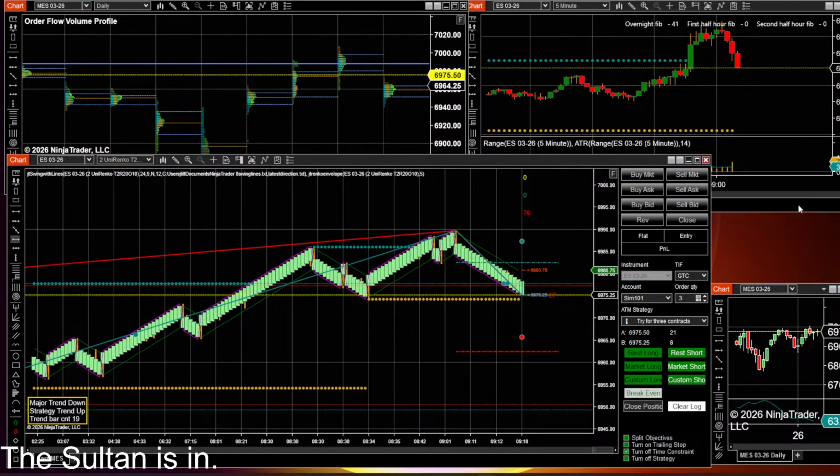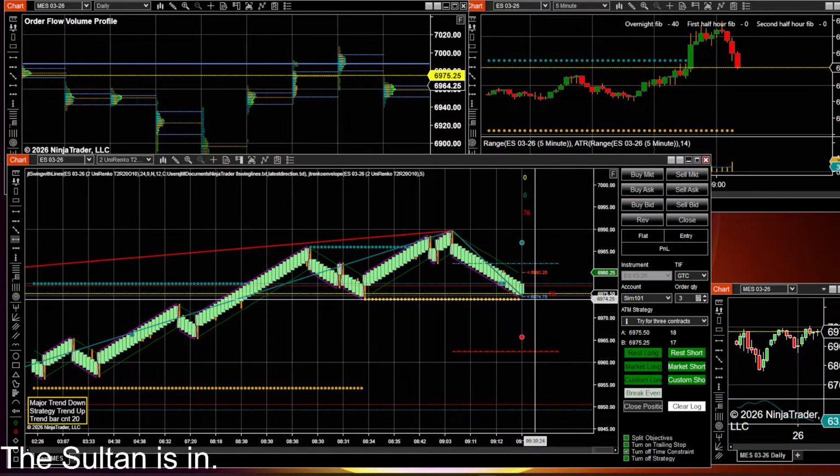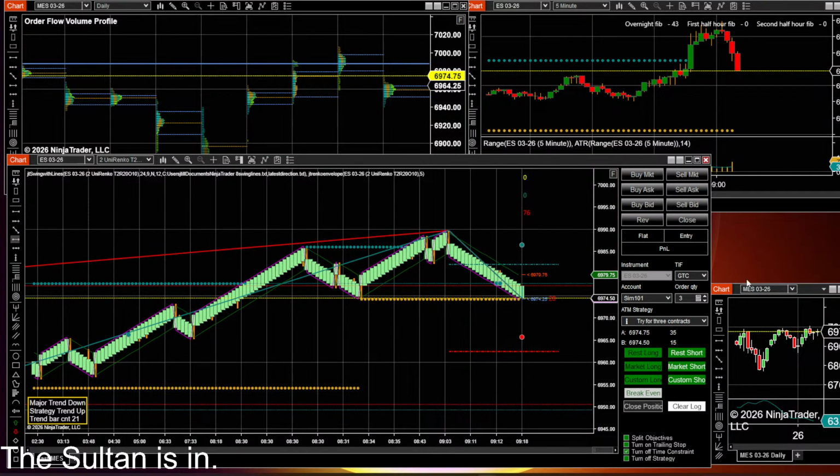All right, we're coming up to support from earlier this morning, 74.25. If we go through there, it's probably going to be manipulation, I'm hoping. And I would expect it to break here and then just give me an up bar if it is.